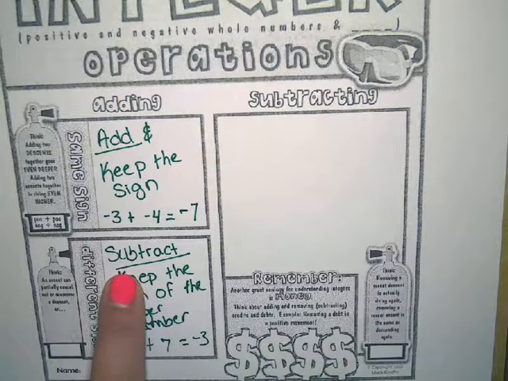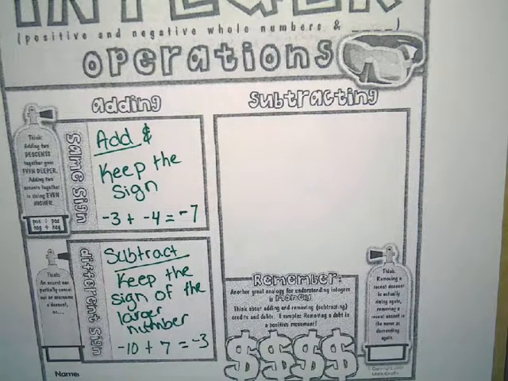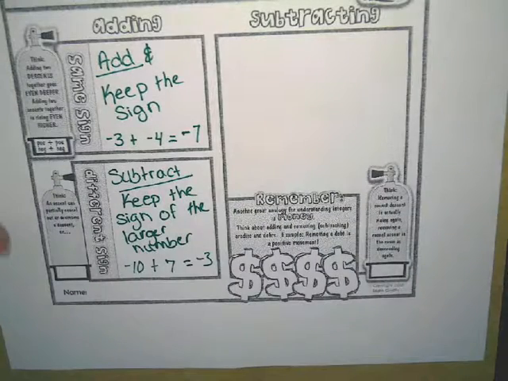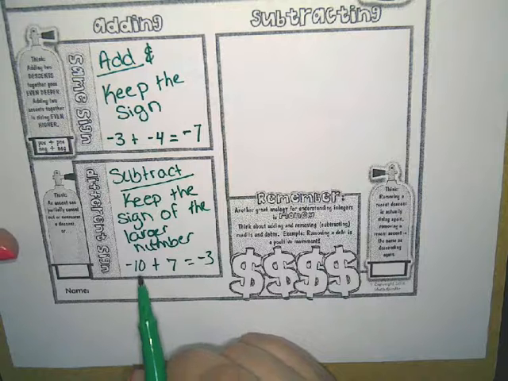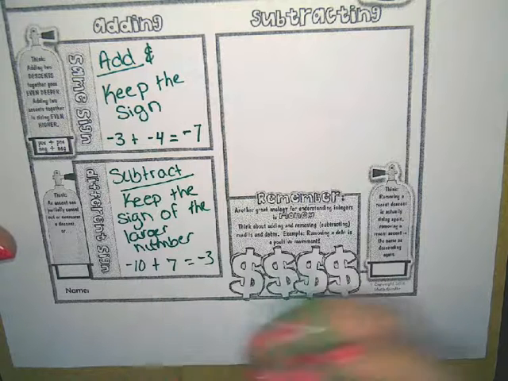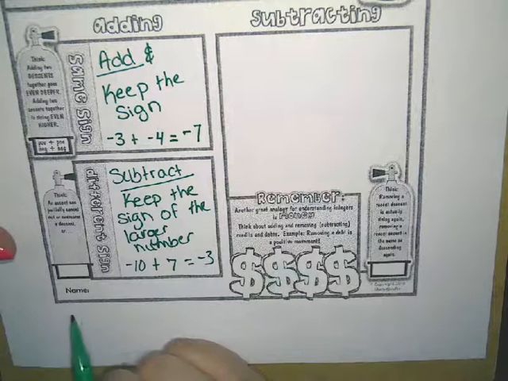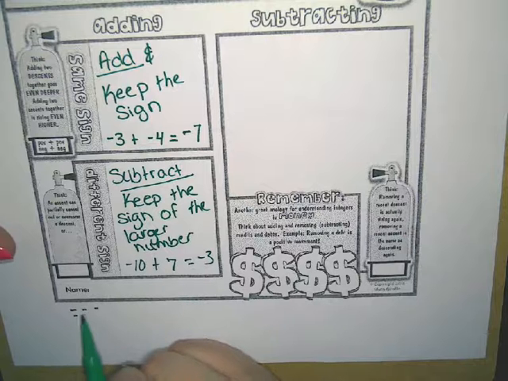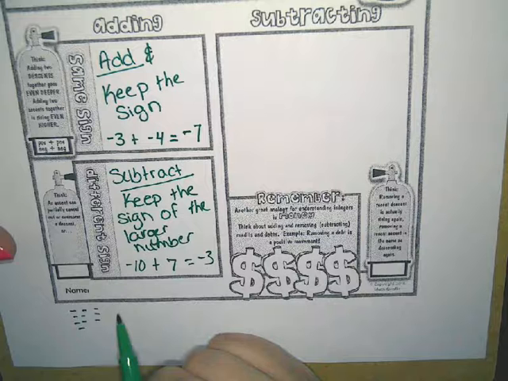Okay? If you have questions on it, remember you can always draw your plus and minuses if you need to. At the bottom, I'm going to show this for those of you that maybe have questions. So -10, I should have 10 negatives, so there's my 10 negatives. I should have 7 positives.